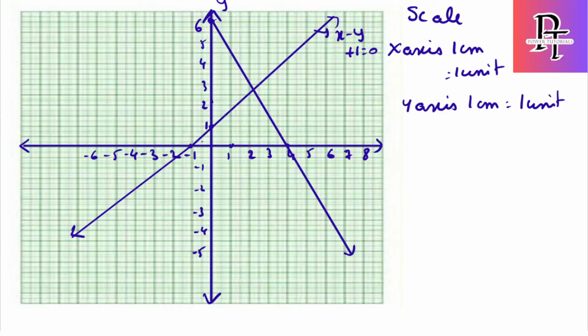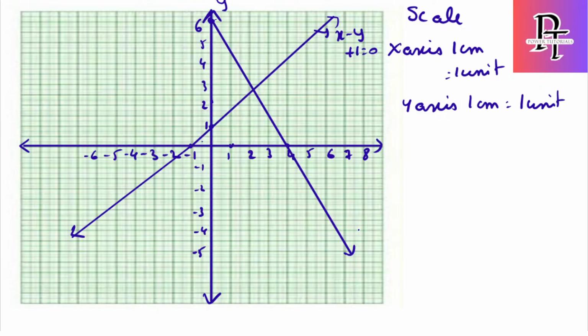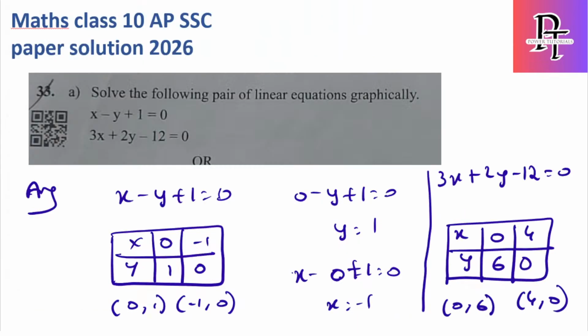This is the second line, which is 3x plus 2y minus 12 is equal to 0. So make sure to plot the line as well. Okay, small correction.